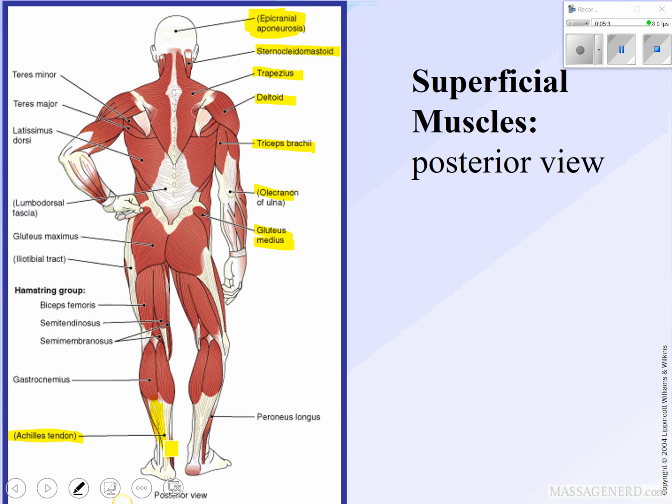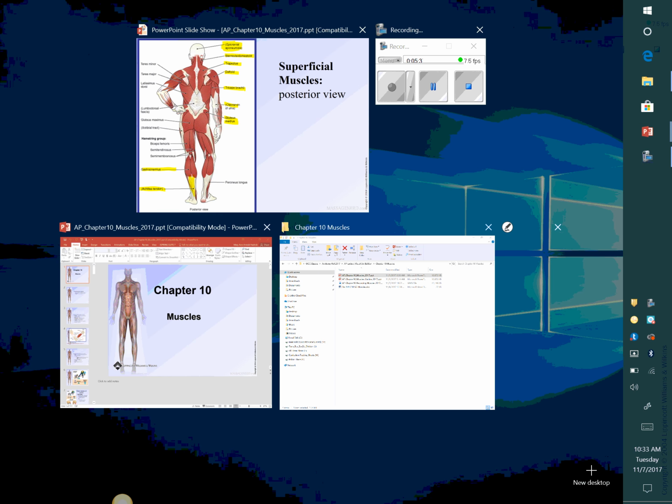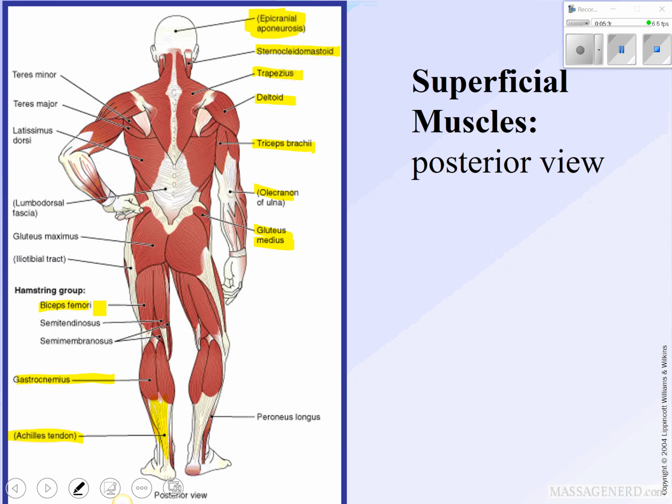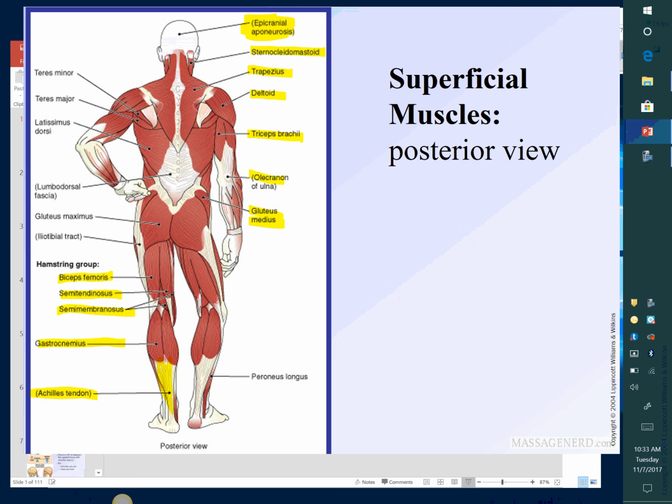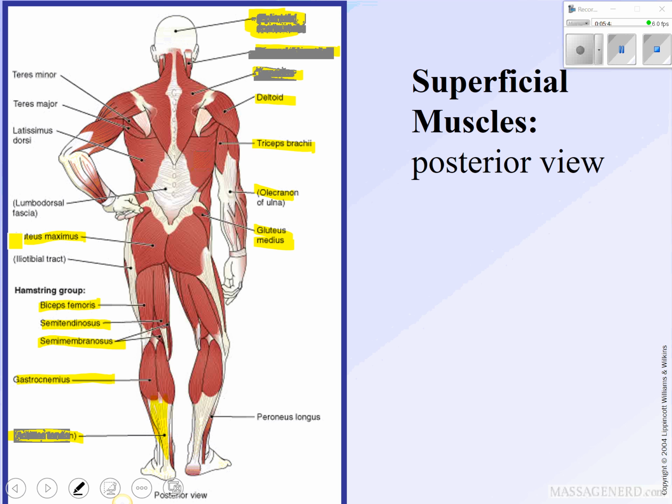Both are the same thing, so make sure that you know both names. Gastrocnemius, the hamstring group, biceps femoris, semitendinosus, semimembranosus, gluteus maximus, latissimus dorsi, teres major, teres minor.